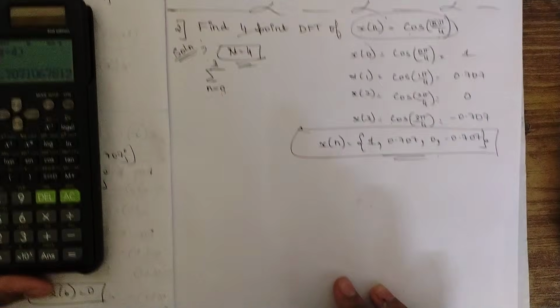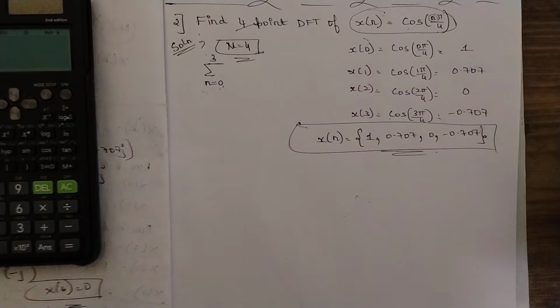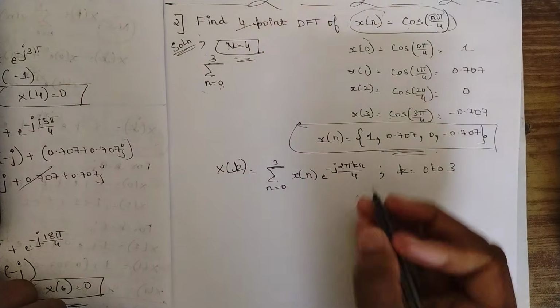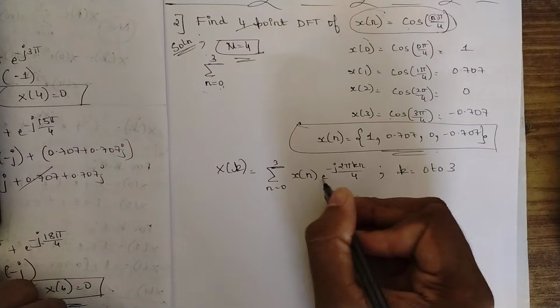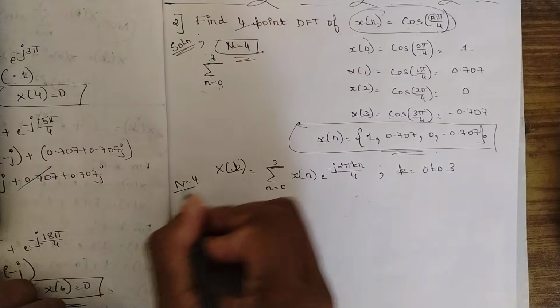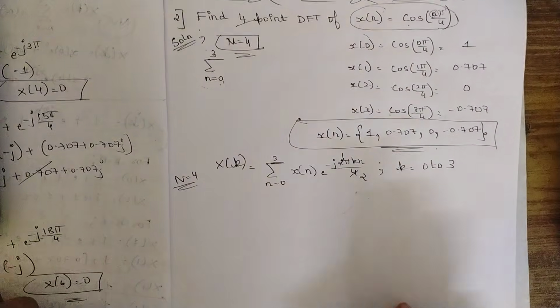Now we should calculate the DFT x of k using this sequence, the 4-point DFT. Let's quickly solve it. Here I have written the formula, n tends from 0 to 3, x of n into e power minus j 2 pi k n by 4. The value of N is equal to 4, that's why 2 2s are 4, where k tends from 0 to 3.